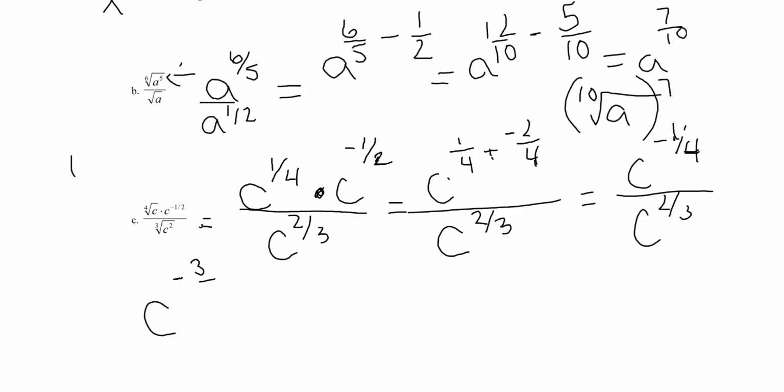I have negative 3/12 minus, and then 2/3 would become 8/12, because 3 times 4 is 12, 2 times 4 is 8. So negative 3/12 minus 8/12. Again, we can do our addition of the opposite for our rules of integers. So my answer is going to be negative 11/12.